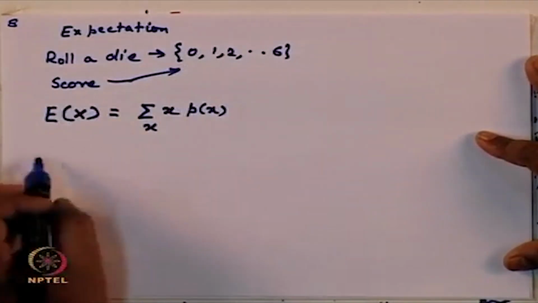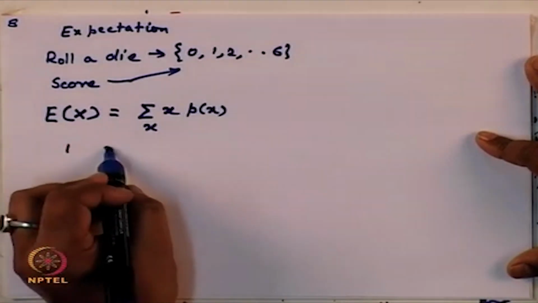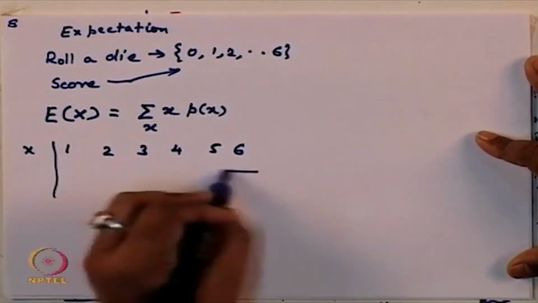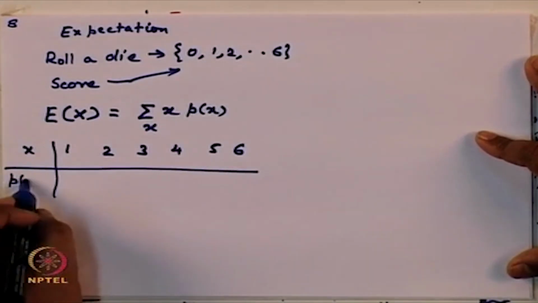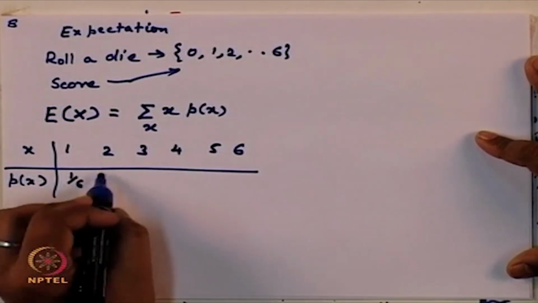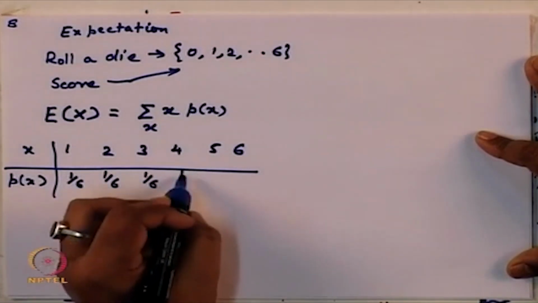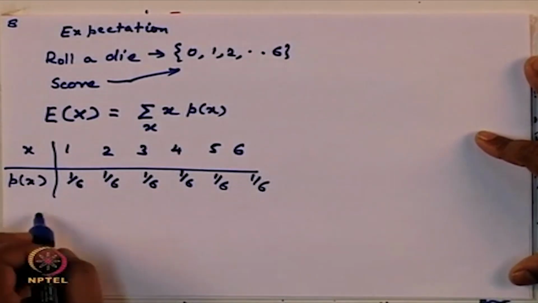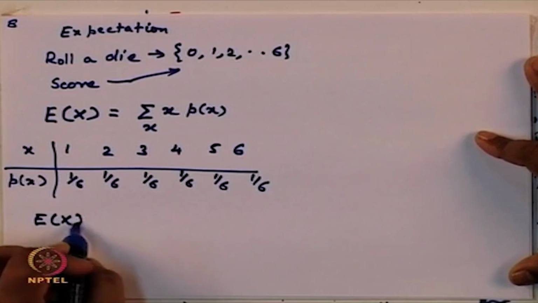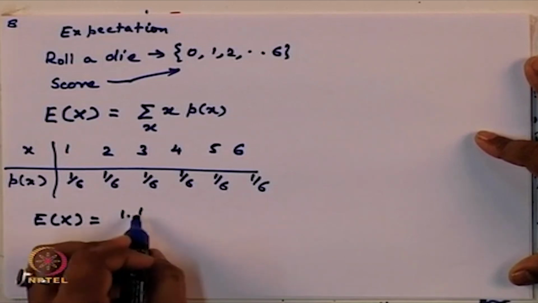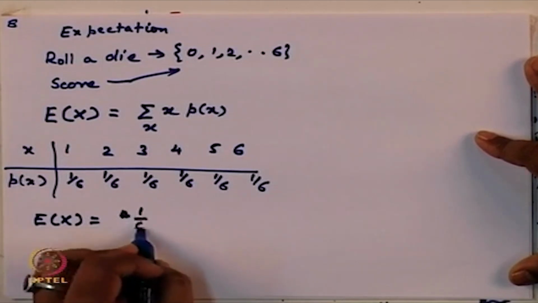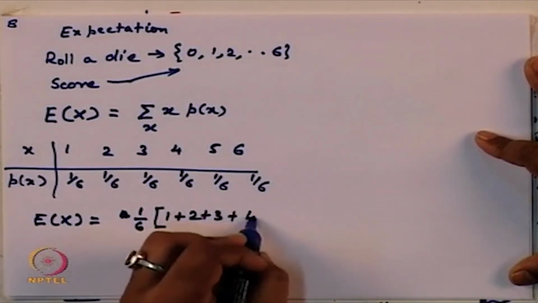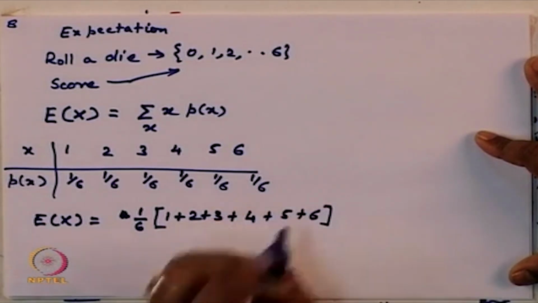You know that you have 6 values, 1, 2, 3, 4, 5, 6, are your values of x, and the probability for each of them is simply 1 by 6. So, the expectation for this case will be nothing but, I will take out 1 by 6 in common, 1 plus 2 plus 3 plus 4 plus 5 plus 6.